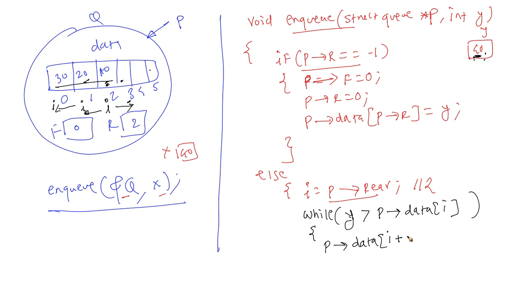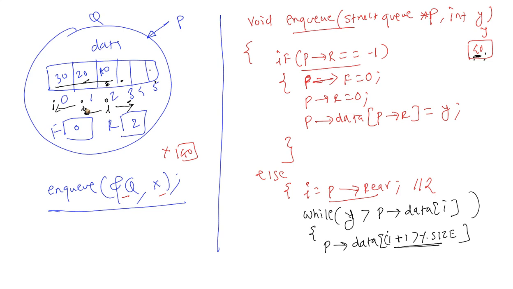That's why I plus 1 mod size. I is incremented in circular fashion. Why is this so? Because when you are on the last location and you increment, I should go to this 0, right? That's why this increment is in circular fashion.